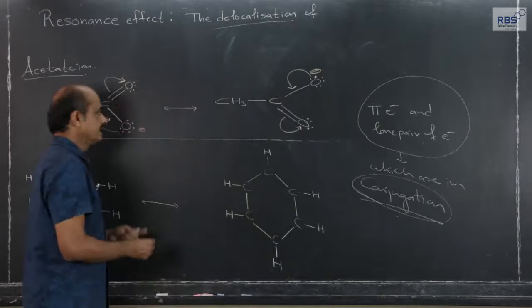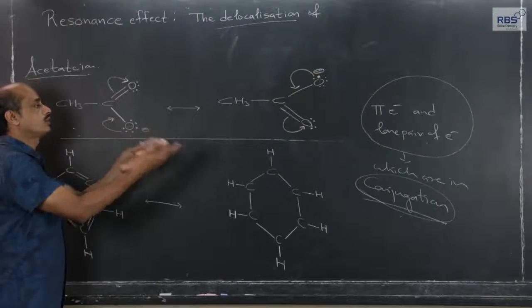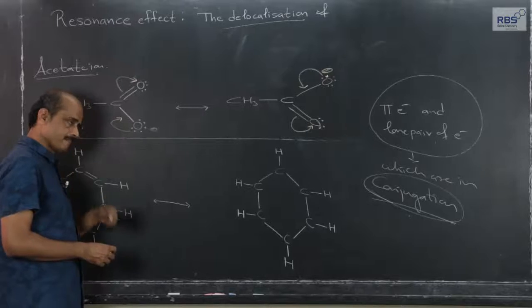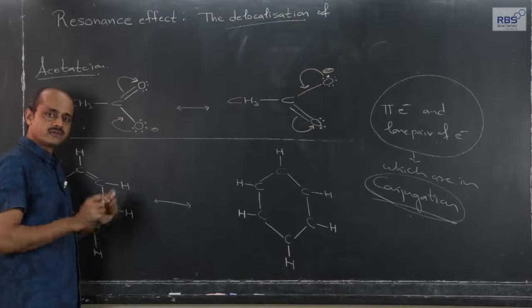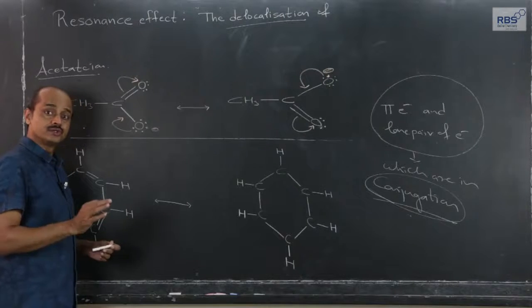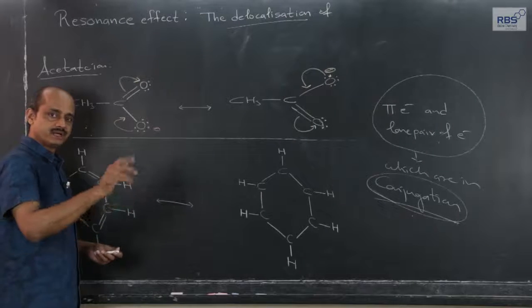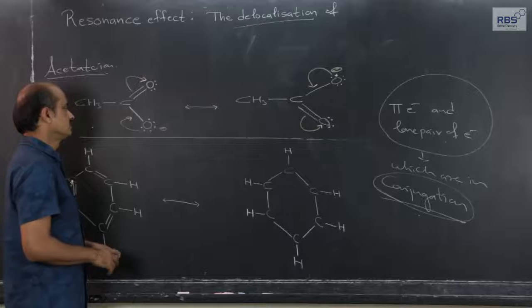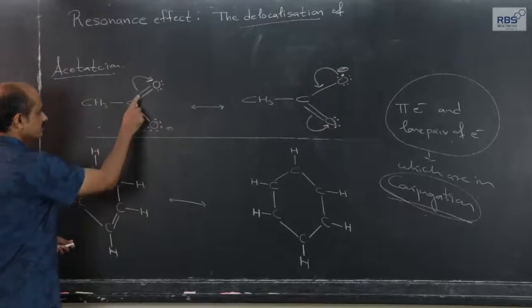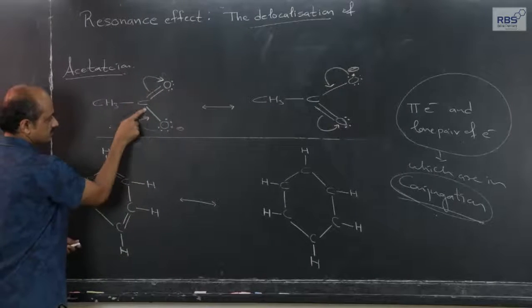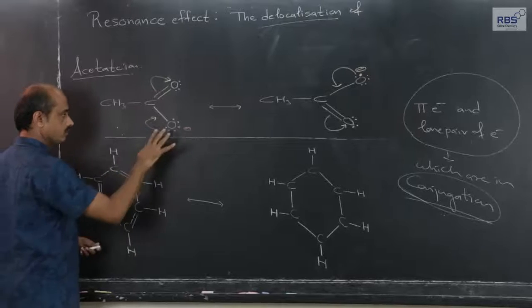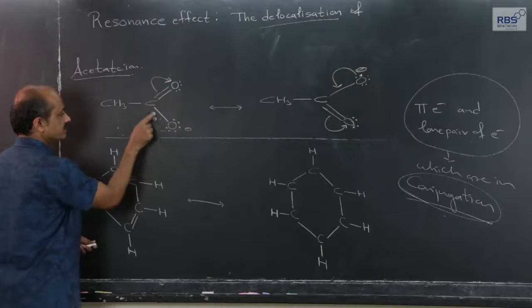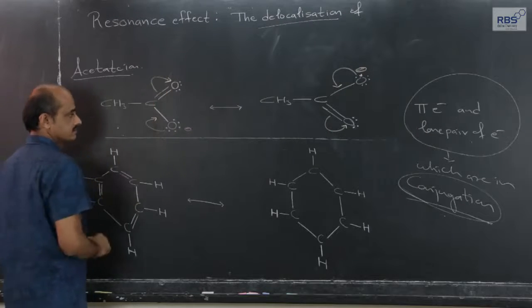For writing a structure in various forms, the requirement is conjugation, meaning pi sigma pi or pi sigma lone pair of electrons. So here it is pi bond, sigma bond, lone pair, or it can be considered as lone pair, sigma bond, pi bond.